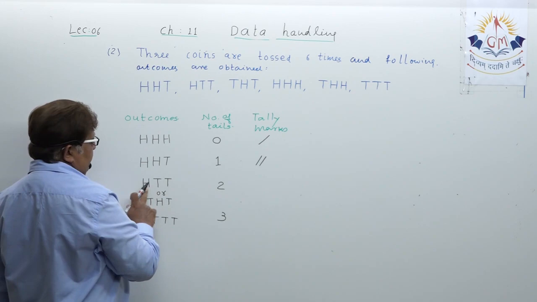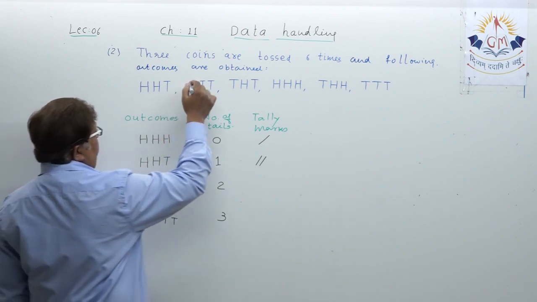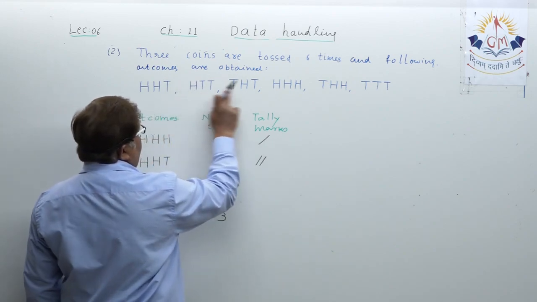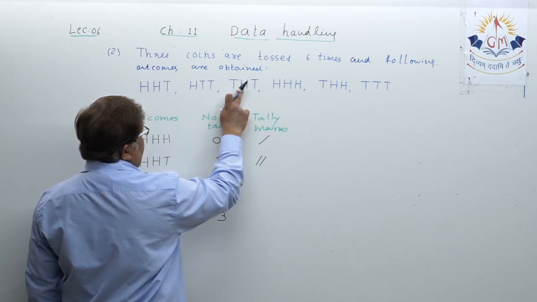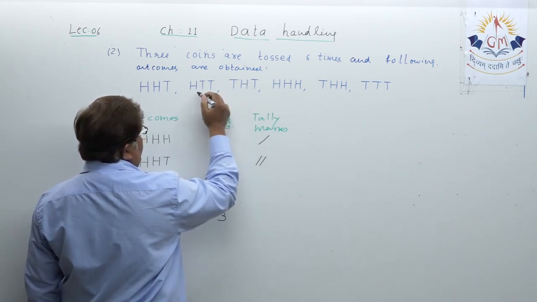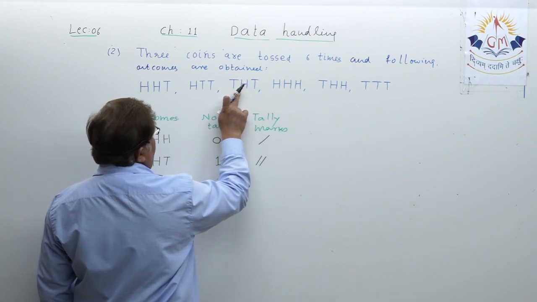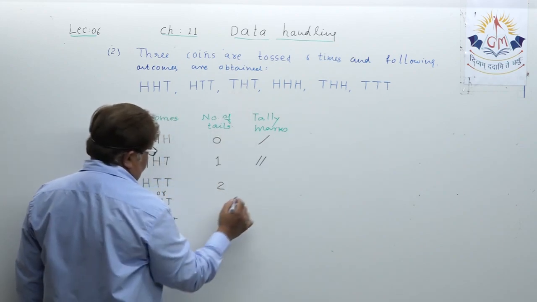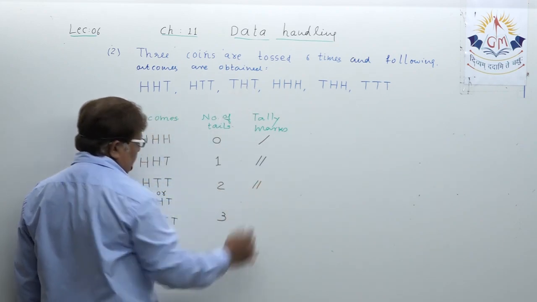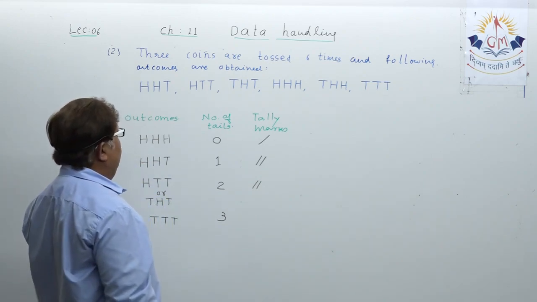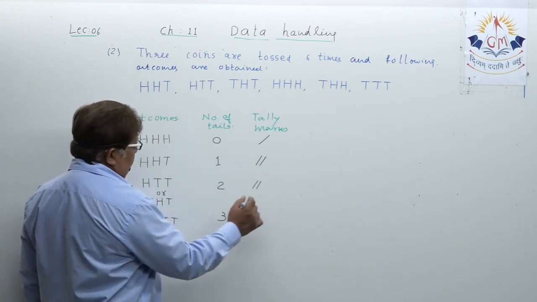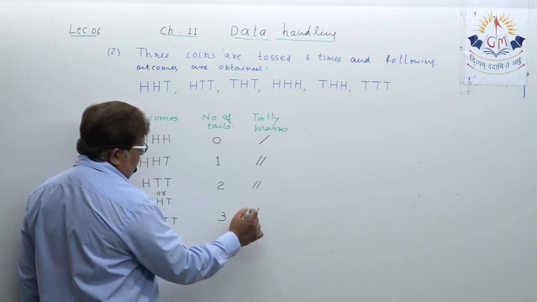How many containing HTT or THT? HTT, THT. Understand, HTT and THT, only 2. Understood? And how many containing TTT? Only 1.